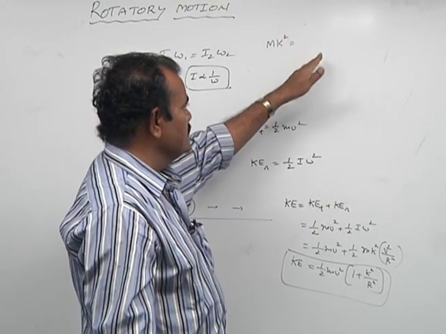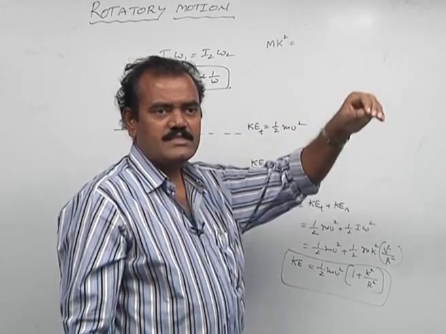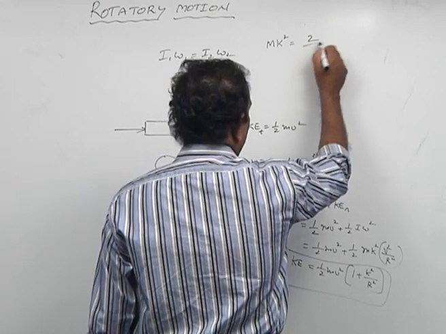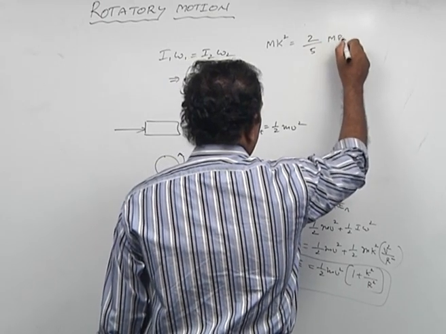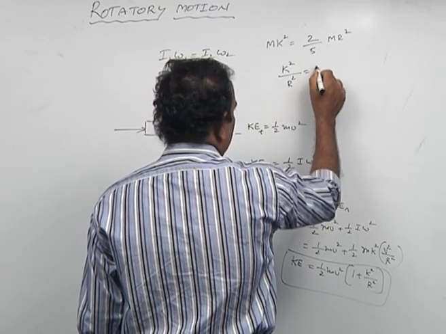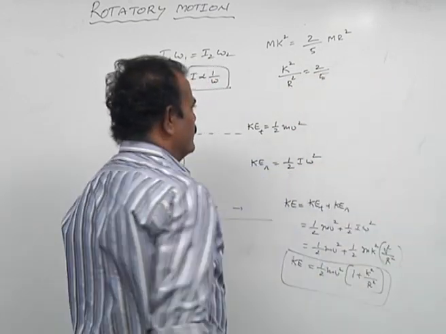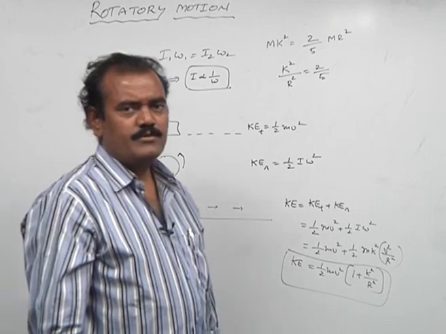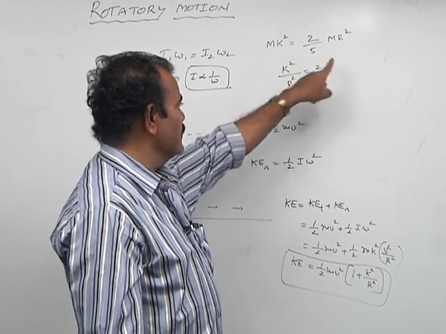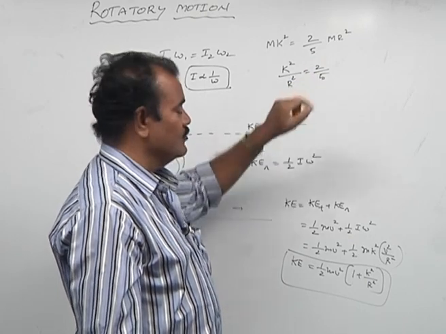Its natural axis is the diametrical axis, so the moment of inertia is 2 by 5 mr square. Now k square by r square is equal to 2 by 5. In the case of a hollow sphere, it is 2 by 3 mr square, so k square by r square is equal to 2 by 3.